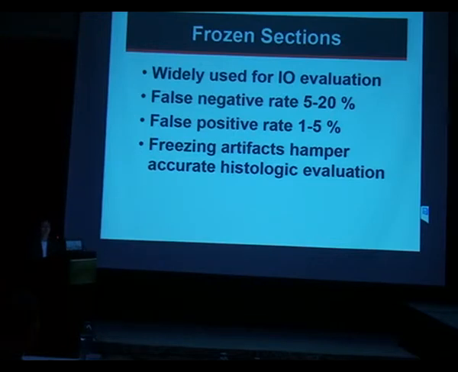We are not trying to make a definitive diagnosis. In intraoperative evaluation, our goal is to decide whether to recommend additional margin during surgery or not. So a lot of the time this freezing artifact is not that important.